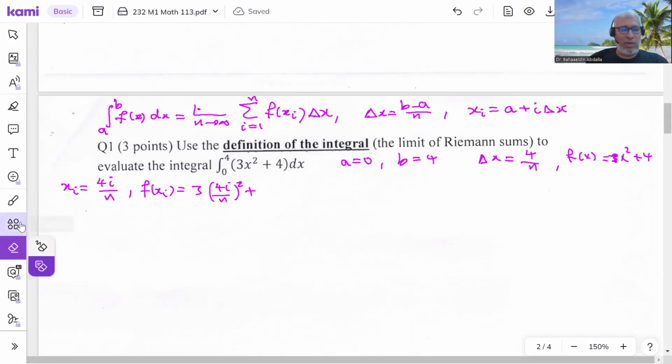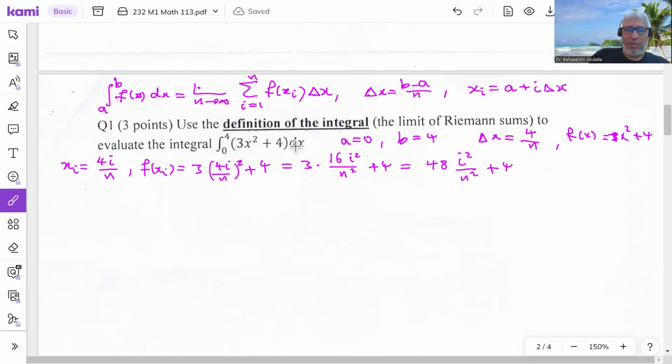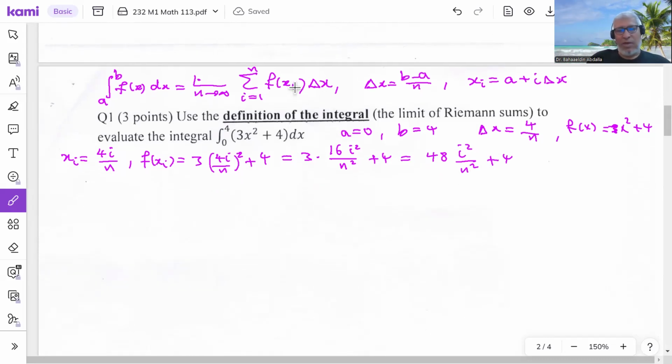Let us simplify it. So this would be 3 times 4 squared, which is 16, i squared over n squared plus 4. 3 times 16, I can write it 48 i squared over n squared plus 4. This is f of xi. Well, I have f of xi, I have delta x, so let me find the Riemann sum.